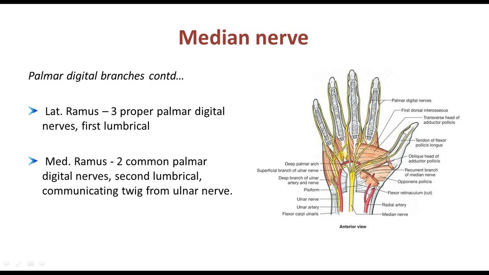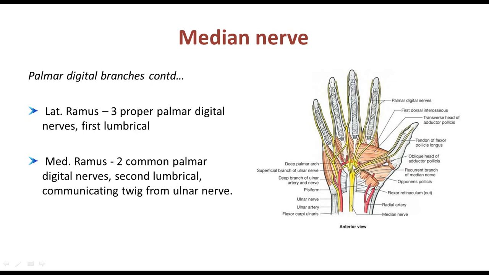Then one more common palmar, so 2 common palmar from the medial ramus. The second common palmar will supply the adjacent sides of the middle finger and ring finger. So lateral ramus gives 1, 2 and 3 proper palmar digital nerves.